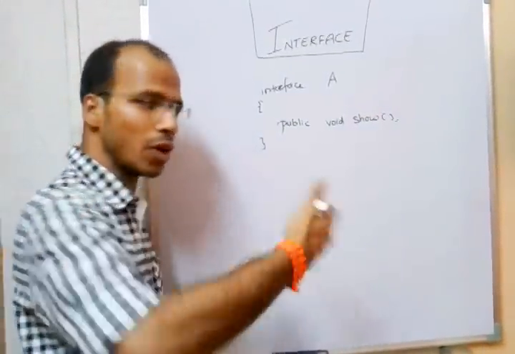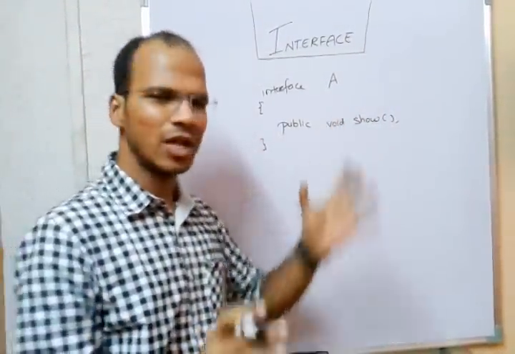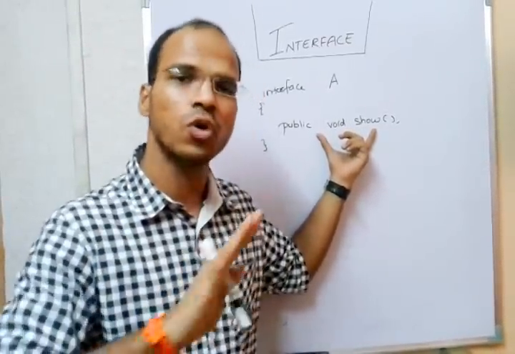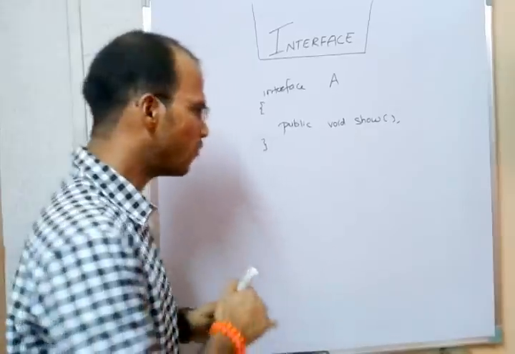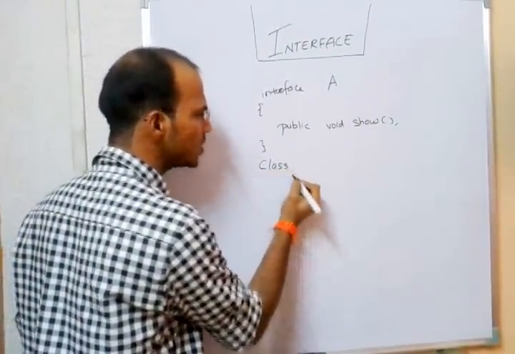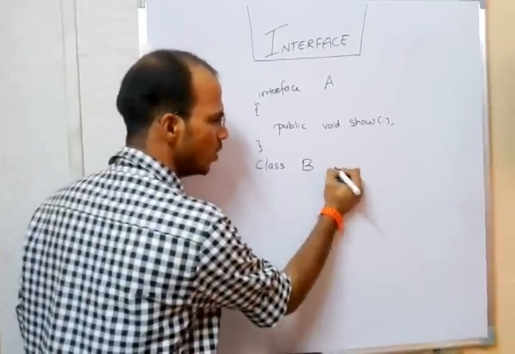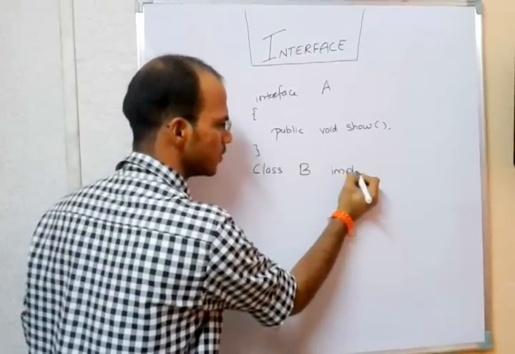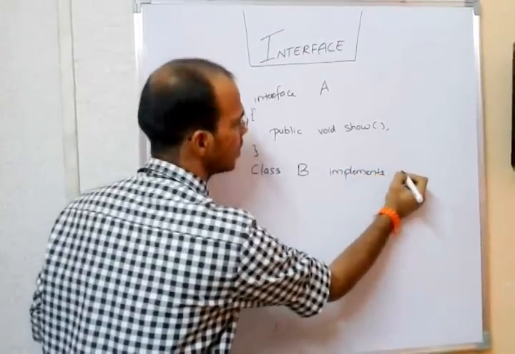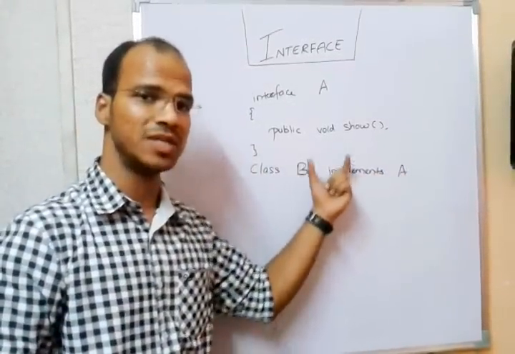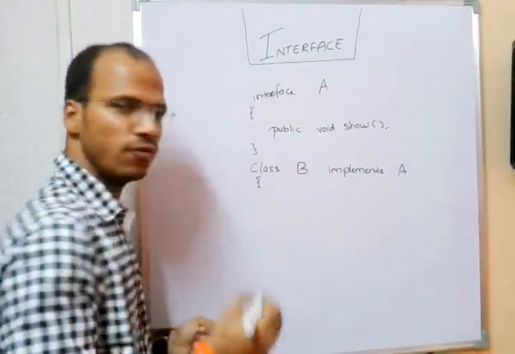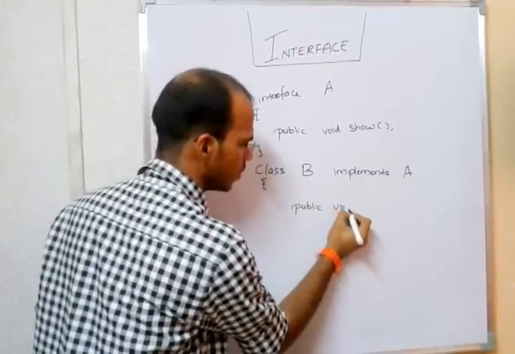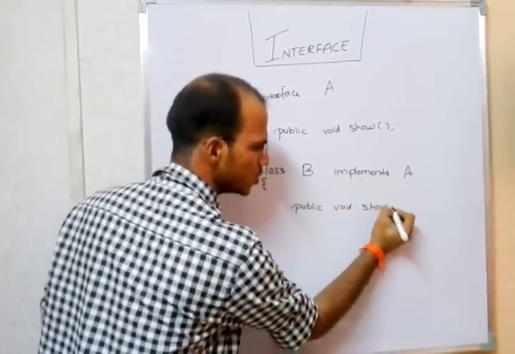And in case you want to implement this interface, we cannot use the interface directly, because a method which is only declared is of no use. We want its definition, and for defining we require a class. Let's suppose the class name is B, which is, sorry, it's not extends, it's implementing A. So class B implements A. And now here we have to define this method: public void show.